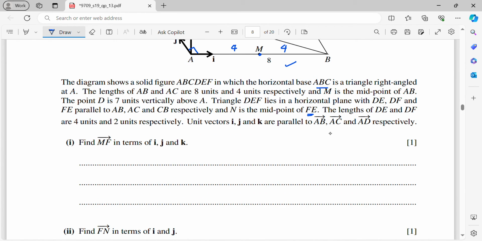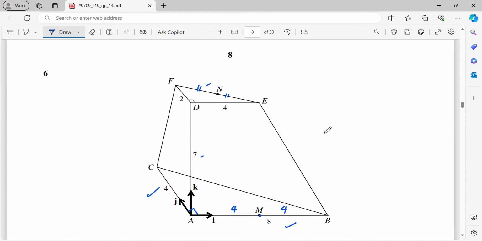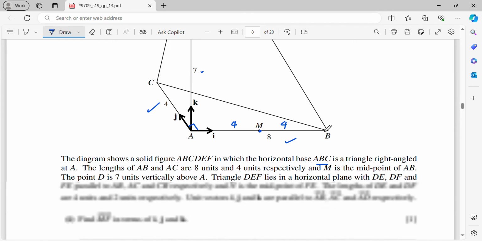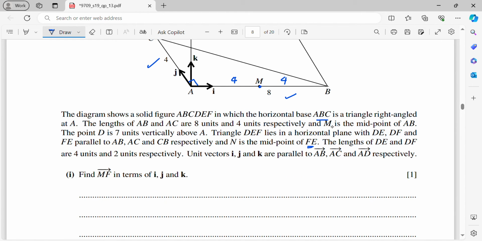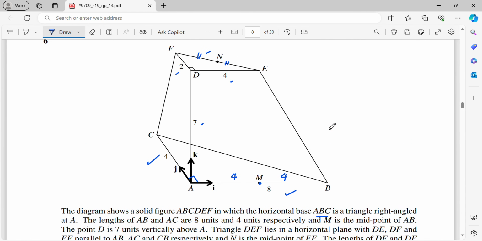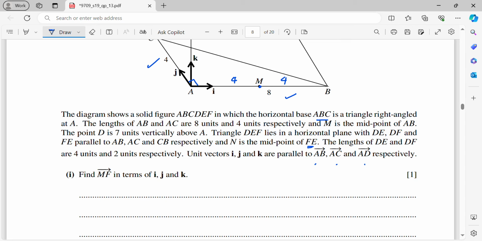Now the lengths DE and DF are 4 units and 2 units respectively. So given here 2 and 4. Unit vectors i, j, k are parallel to AB, AC, and AD as shown on the diagram. Now the question is find vector MF in terms of i, j, and k.